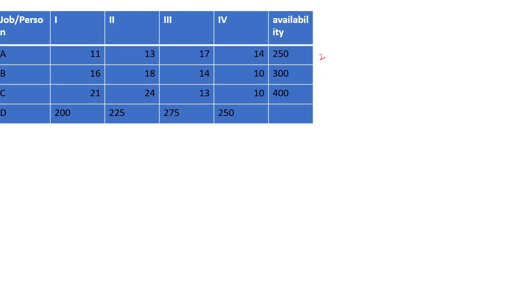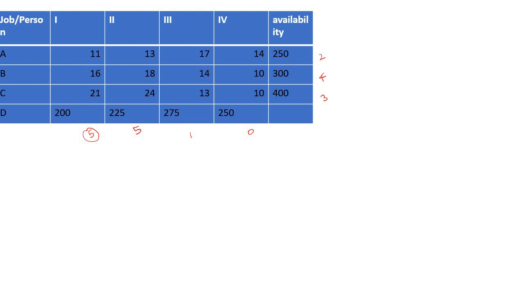Similarly, the second row difference is 4, and the third row difference is 3. For the first column, 16 minus 11 is 5. Second column, 5. Third column, 1. Fourth column, 0.